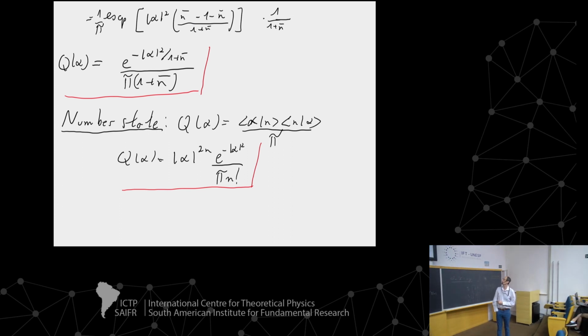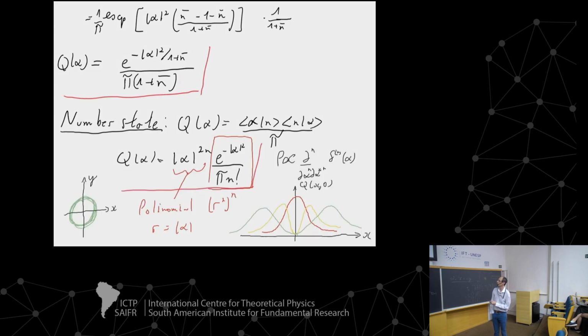And now let's see the number state. And what you get again is a soft function. You have here a polynomial term, but weighted by a Gaussian. So no divergences at all. And the position of the peak shifts for increasing numbers of photons.